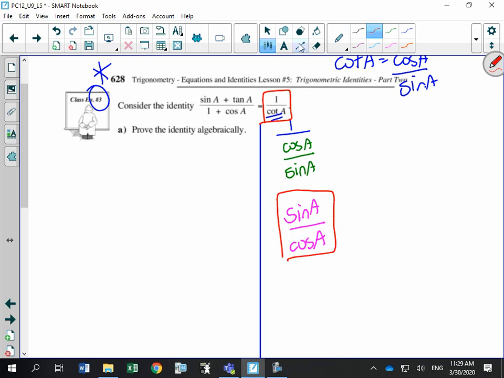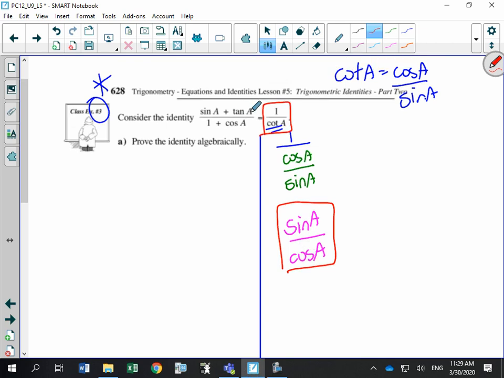Either one. Okay, sine of A plus the tan of A. So let's take out tan of A, and we always rewrite those in either sine or cosine.